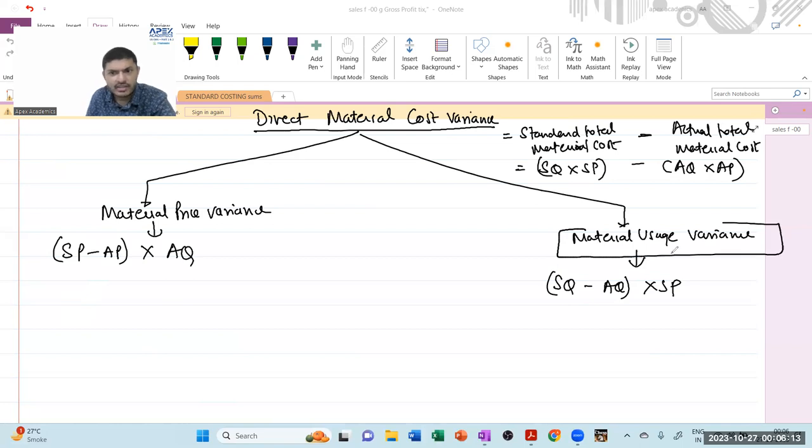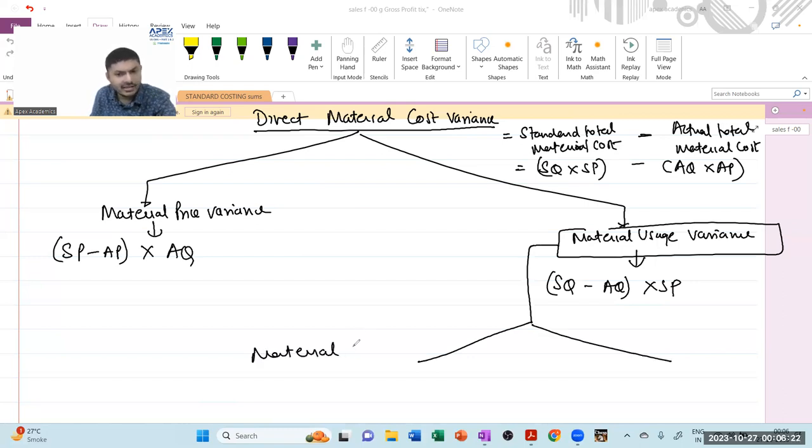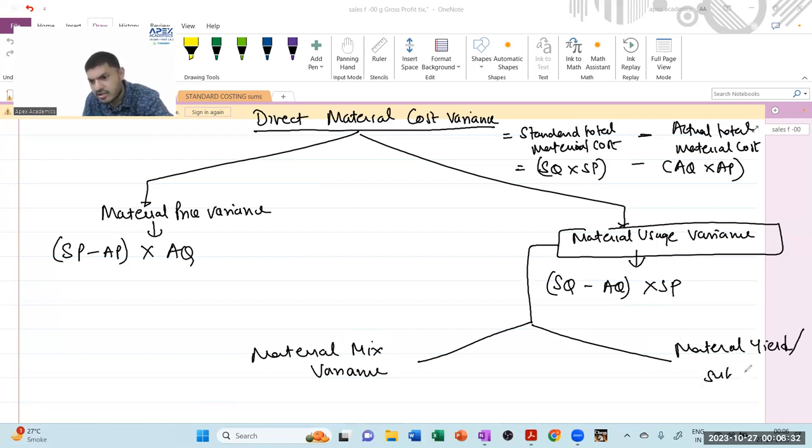Material usage variance is further broken down into two more variances. The first is called material mix variance, and the second one is called material yield or sub usage variance.